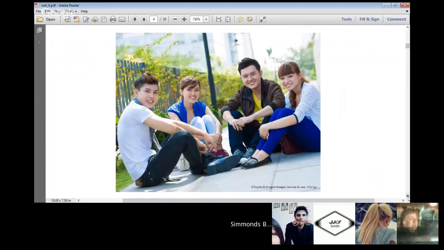So again, the girl here, you can't see her eyebrows because her bangs cover them. Also, this girl has something here in her cheek. Does anyone know what that's called? Dimple. It's called a dimple. Very good. That's a dimple. So good.